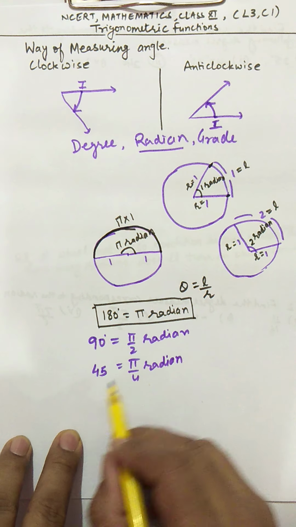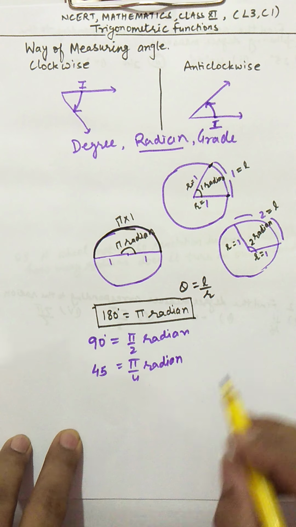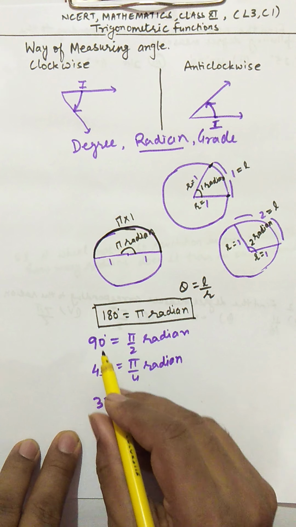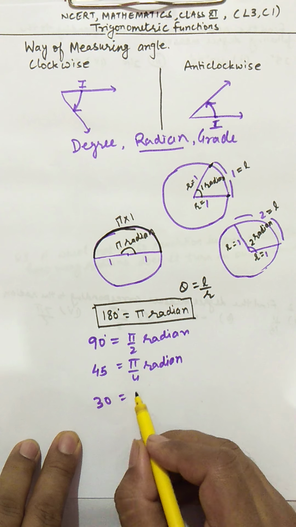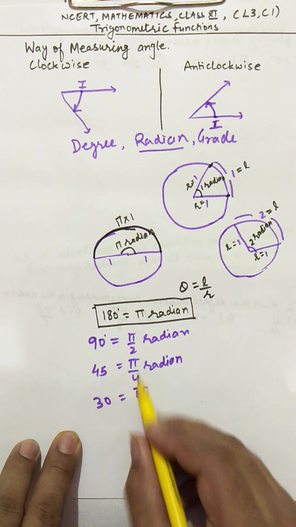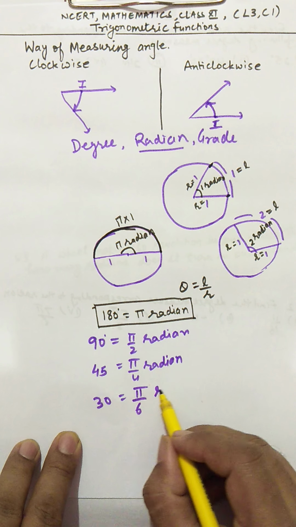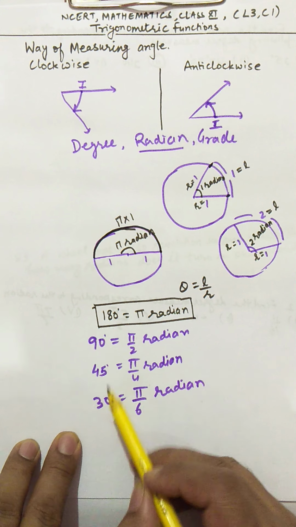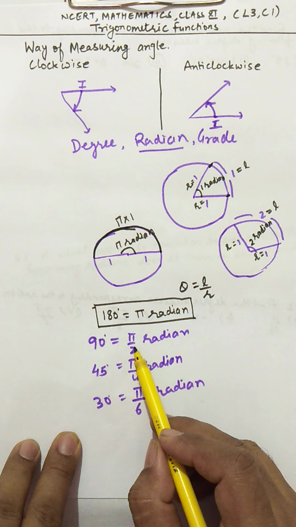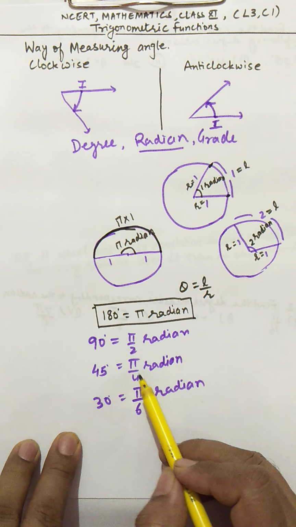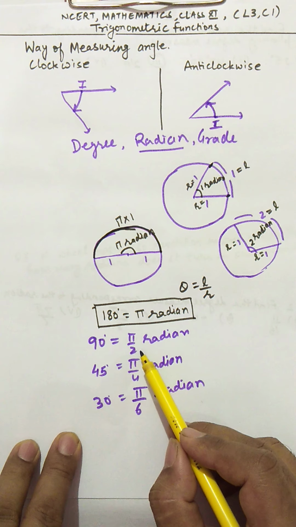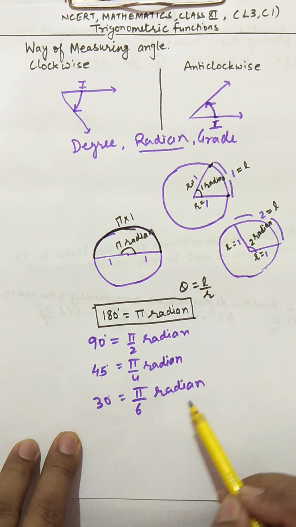And for 30 degree, which is 1/3 of 90, you write pi by 2 divided by 3, which is pi by 6 radian.